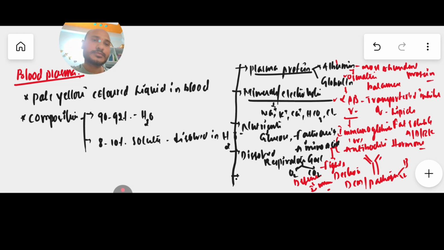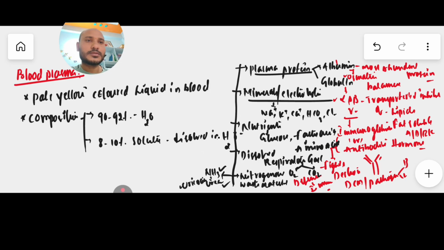There is also nitrogenous waste material in blood plasma, like ammonia, a highly toxic waste material, urea, a less toxic waste material, and also uric acid. These are all nitrogenous waste materials present in blood plasma.